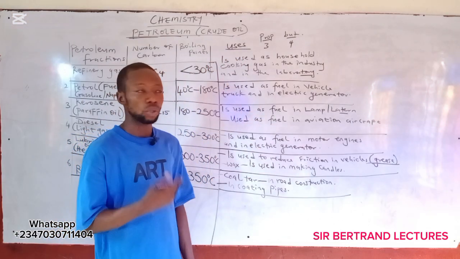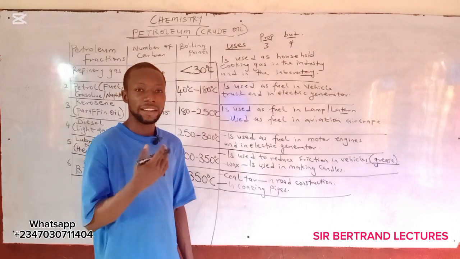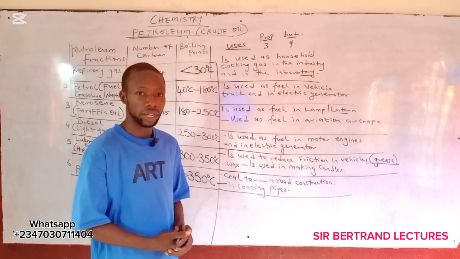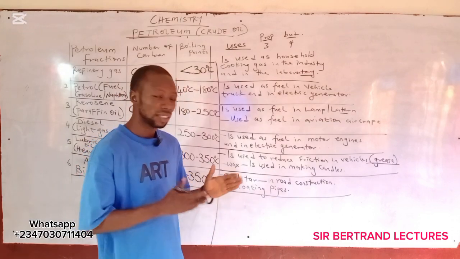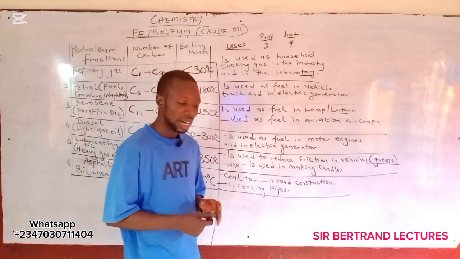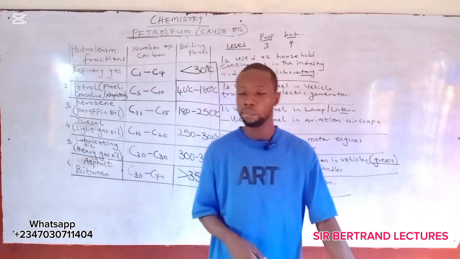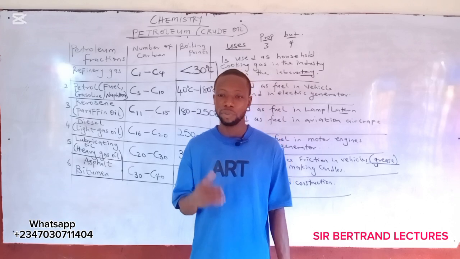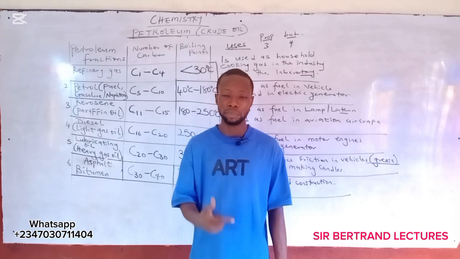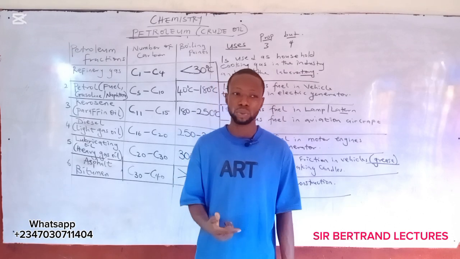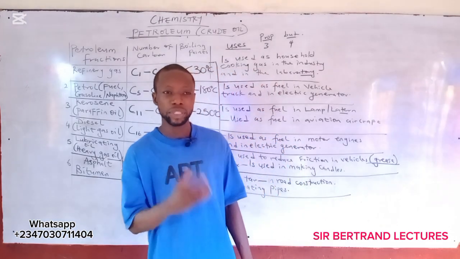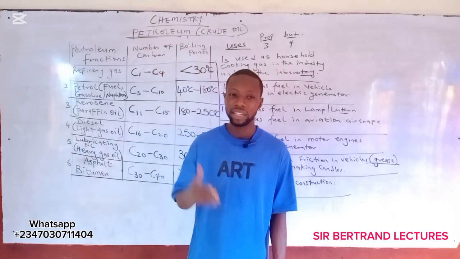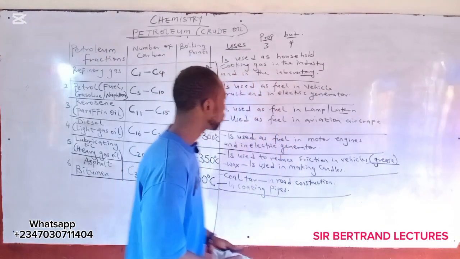The next thing we're going to look at is the refining tower, which indicates how these petroleum fractions are produced at different boiling points. Remember, this process involves one of the physical methods of separation techniques, which is fractional distillation, where mixtures are separated at different boiling points.